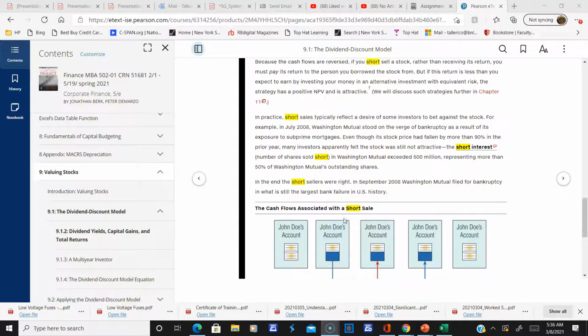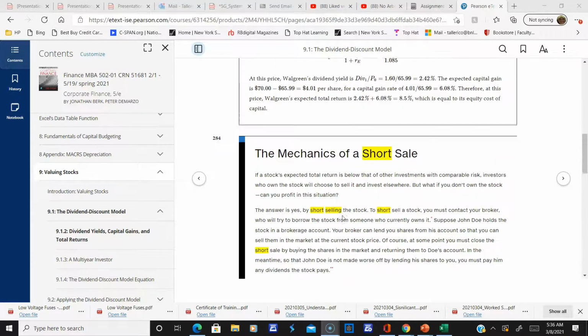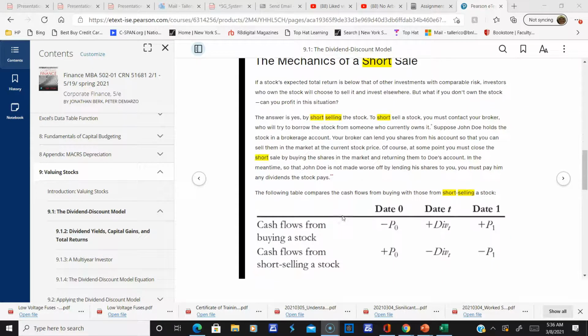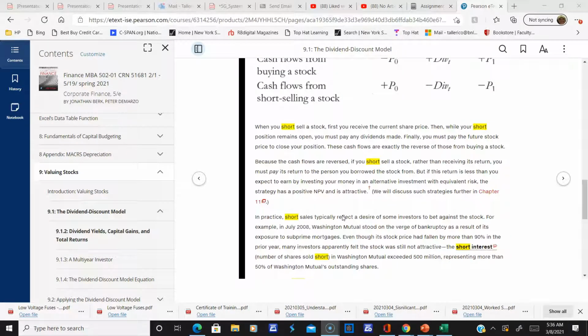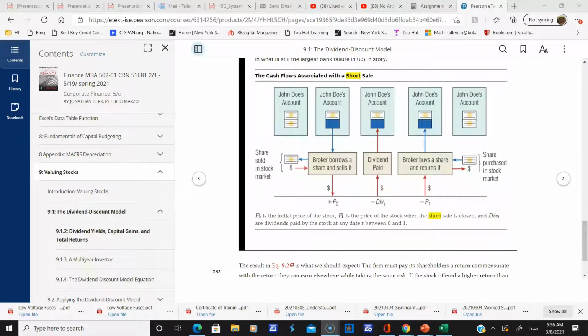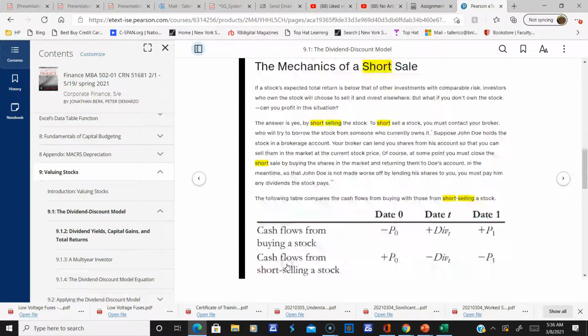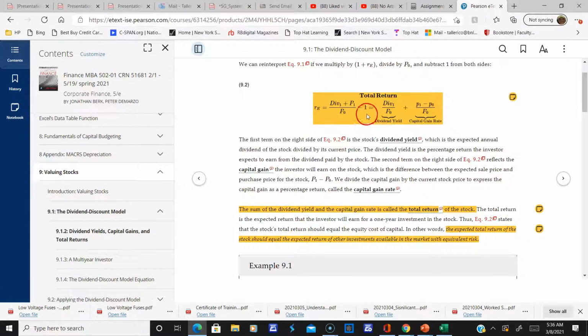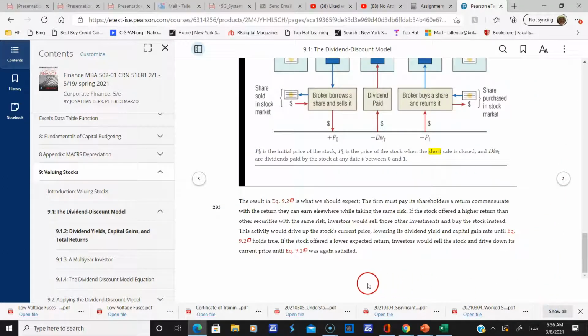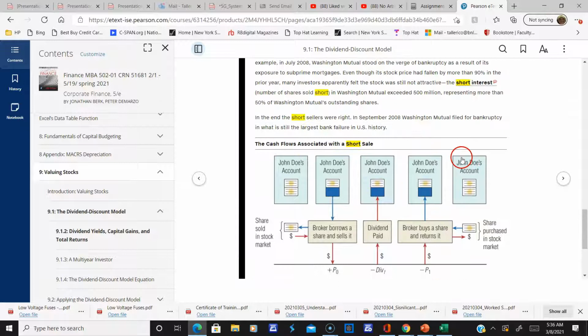So equation 9.2 was what we looked at previously, right? Here was equation 9.2. But anyway, this is the mechanics of a short sale.